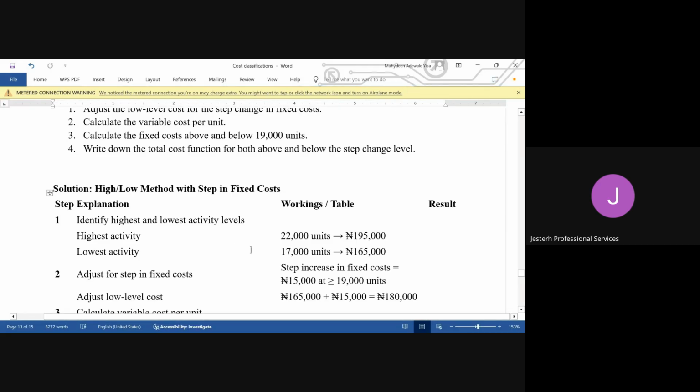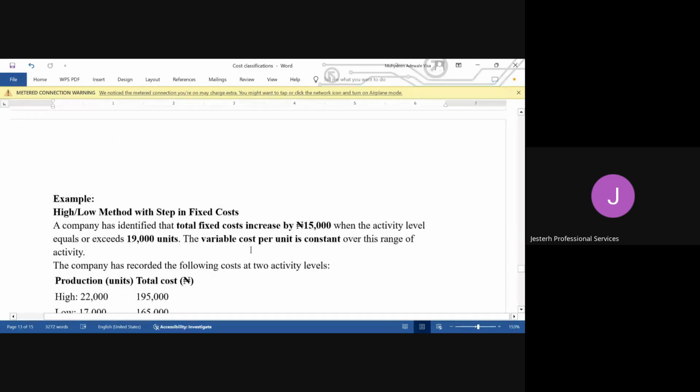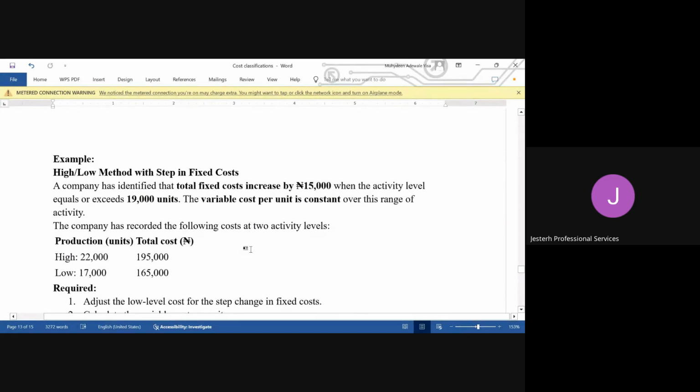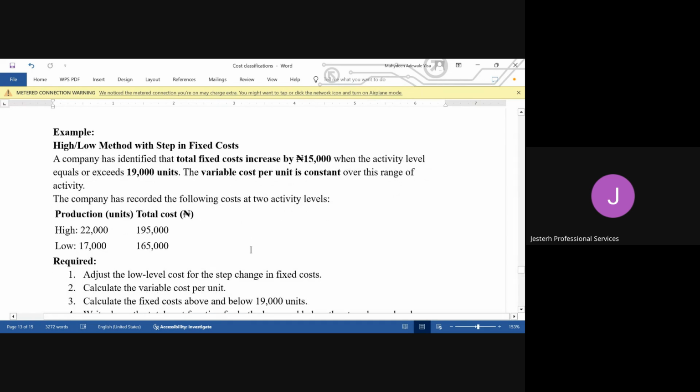Now, how do we do this if we are to adjust it? They say if the level of activities equals or exceeds 19,000 units, our fixed cost is going to increase by 15,000.